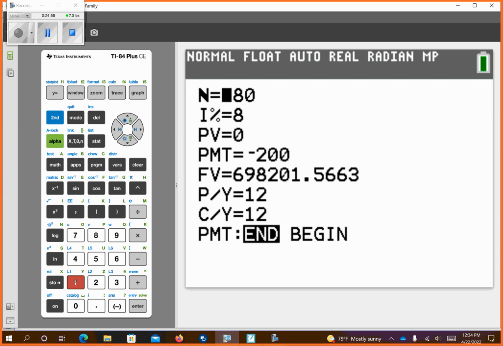So watch this now. From age 60 to age 90, so we're talking about 30 years, each month until we're 90, we're going to take our money back from these funds. They're still earning 8%, but now we're drawing away. We are no longer putting money into it, but I'm going to move my future value of 698,201.57, right to the nearest penny.